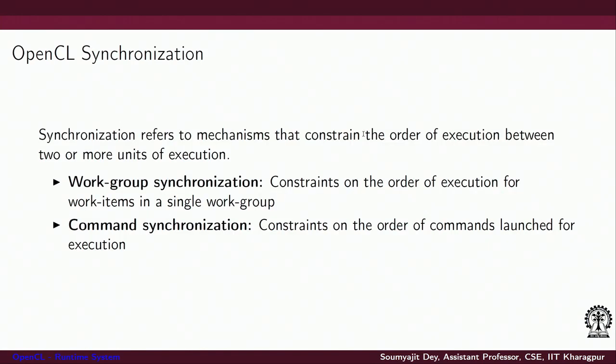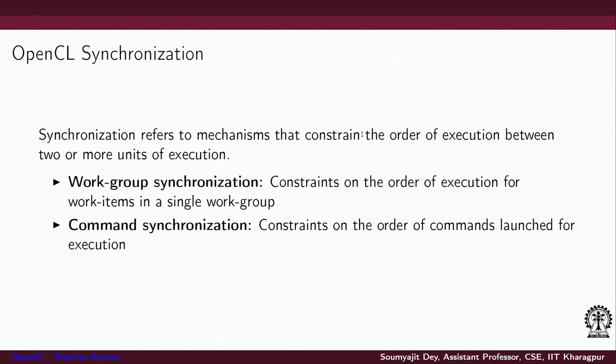So, with this we will now move over to the next topic, which is again related to synchronization in OpenCL. If you remember in our coverage of CUDA programs also we had significant coverage on synchronization among threads, and it is a far more involved topic I would say when we are talking about OpenCL synchronization. So, here it primarily refers to mechanisms that will constrain the order of execution between two or more units of execution.